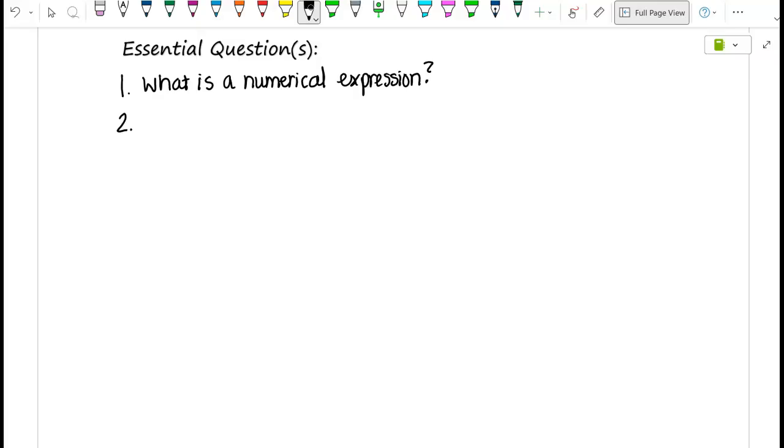Question 2, what are the order of operations?